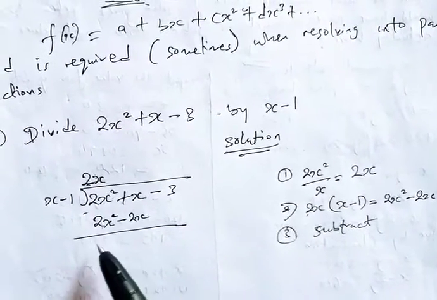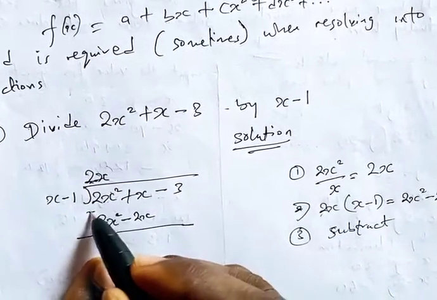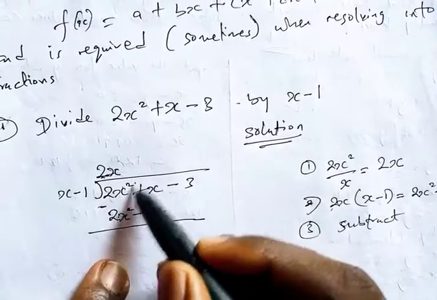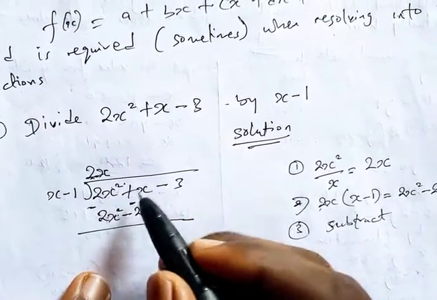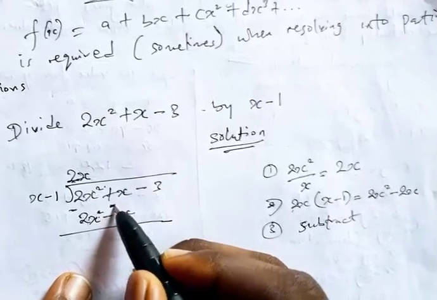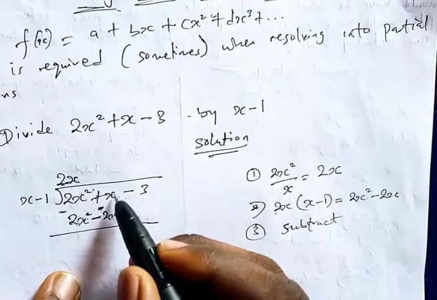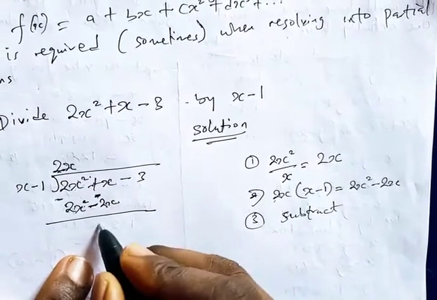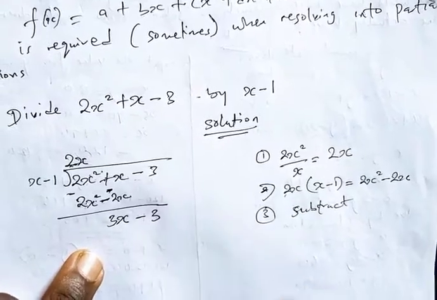Now we can see that if I subtract this, 2x squared minus 2x squared gives me 0. Then x minus 2x will give me x plus 2x, and that is 3x. So we'll bring this one down.